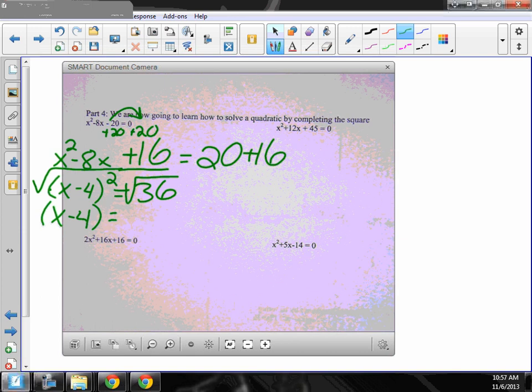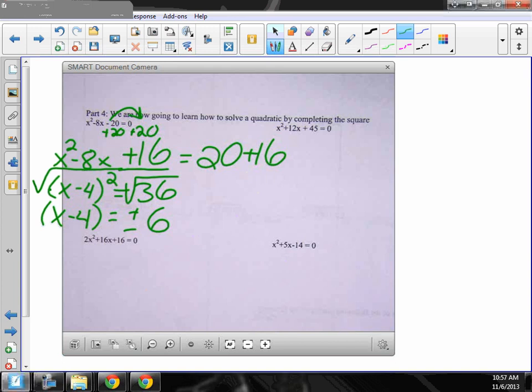Well, if you square root an x squared, you always need plus or minus. Plus or minus 6. Yes. Okay, so now we're going to add 4 and add 4.